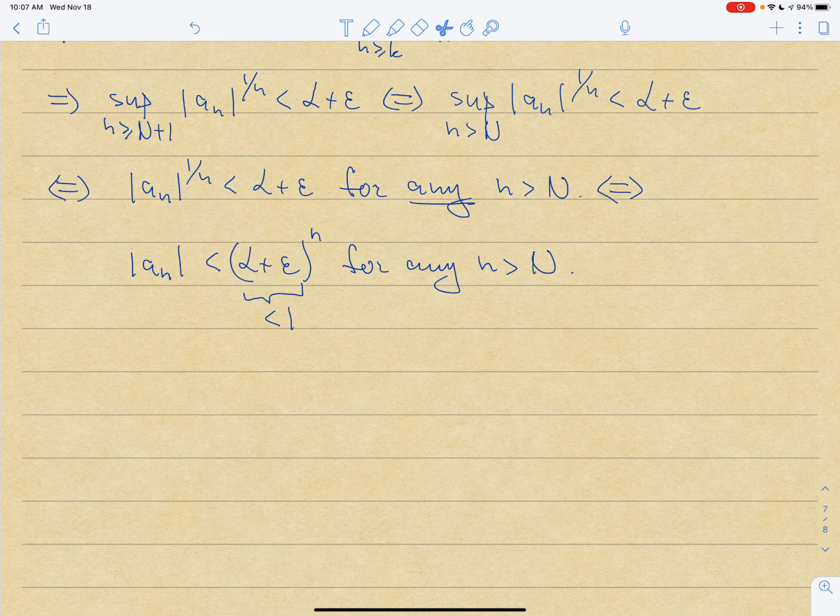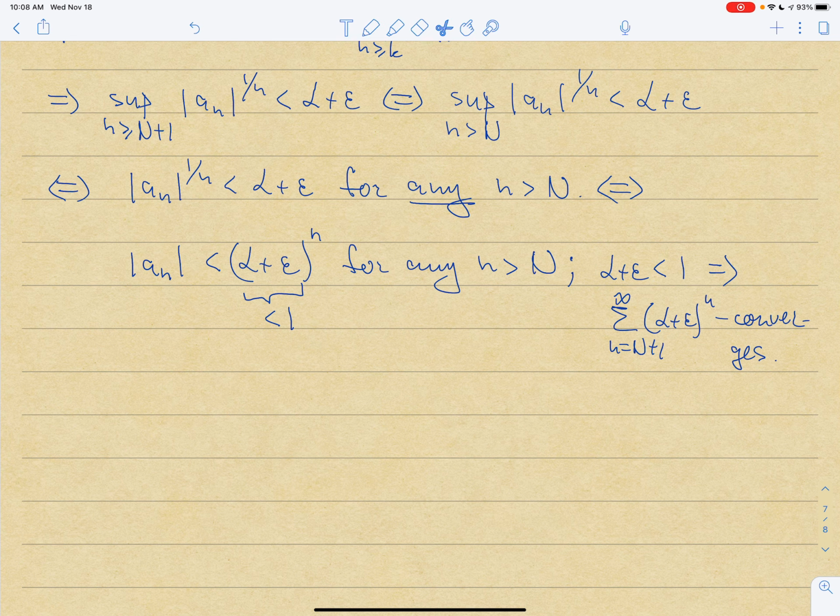So then, if that is true, one additional comment here. Alpha plus epsilon is a positive number which is less than 1. So therefore, the sum from n equals capital N plus 1 to infinity of alpha plus epsilon to the power n converges. Right, this is a convergent geometric series. So again, we have two facts.